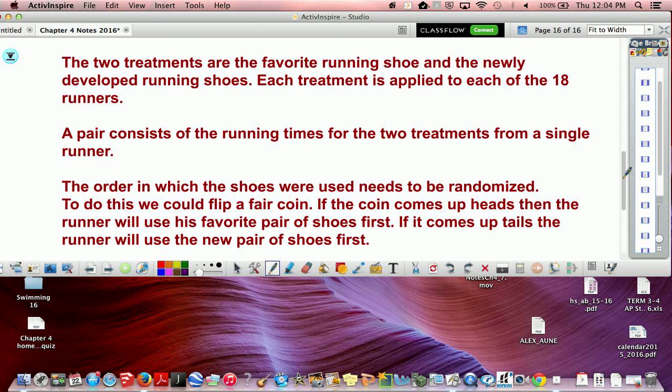So you can do that using a random number table. Here I flipped a coin. Heads, favorite pair. Tails, they'll use the new pair.